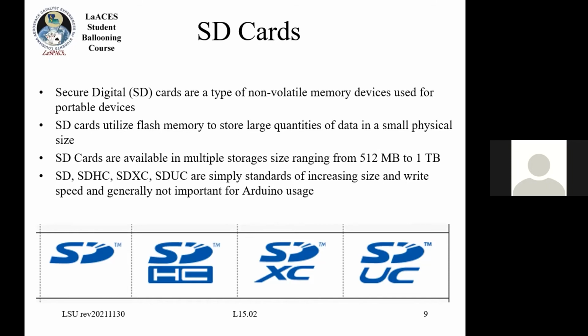In theory, you can get them anywhere from 512 megabytes to 1 terabyte, but I would imagine you'd have a hard time finding some of those 512 megabyte cards these days, just because they're older, and who would want something that small? And these days you can get a 32 gigabyte card for 10, 15, 20 bucks.